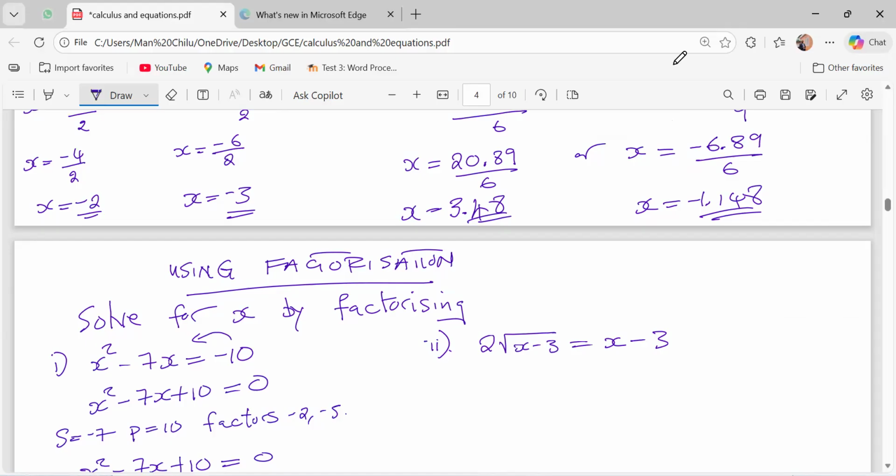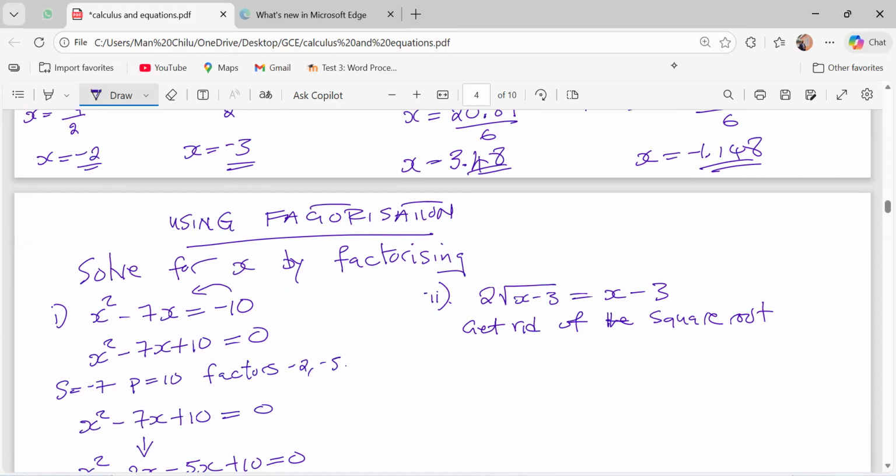So how do we get rid of the square root? By introducing what? A square. So we have 2 square root of x minus 3 squared, which will give us x minus 3 squared.